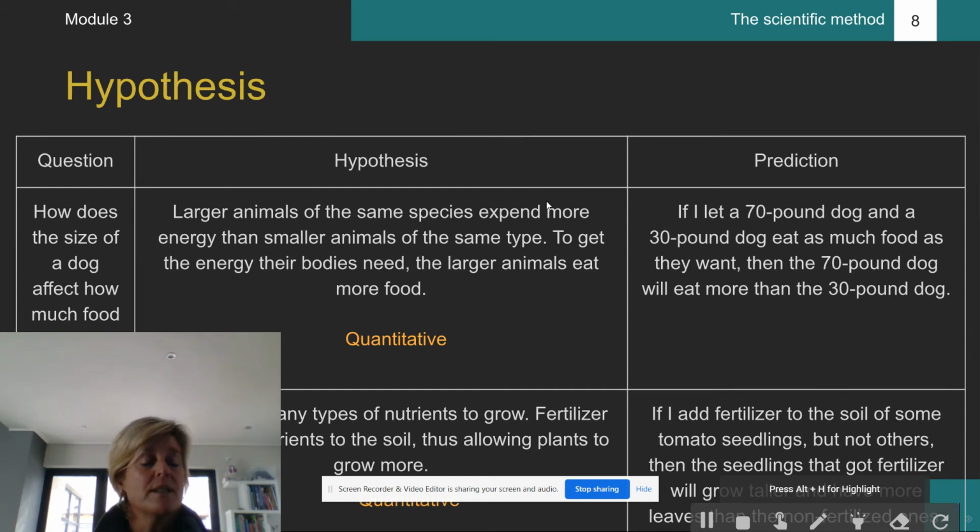Correct. Also quantitative because we can measure the amount of fertilizer we add to the soil, and then we can measure the height or the amount of fruit produced by different types of plants in the same type of soil, in the same environment, same temperature, same amount of sunlight.